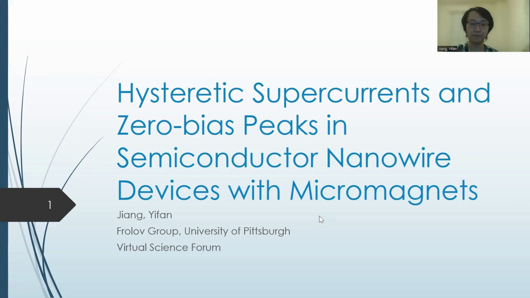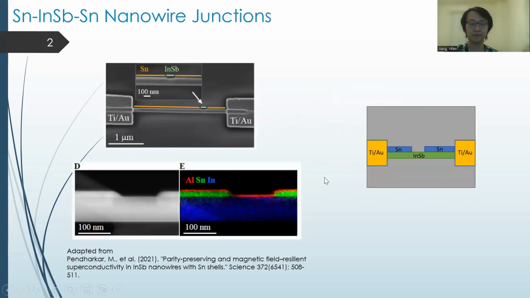Here, the image shows a specially grown indium antimonide nanowire, grown by a shadow method.